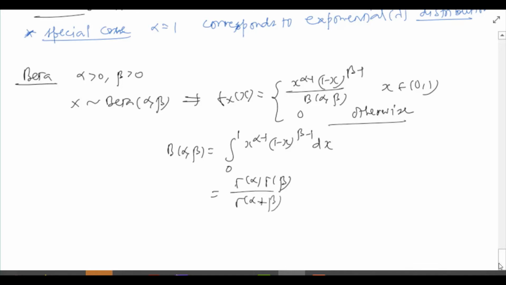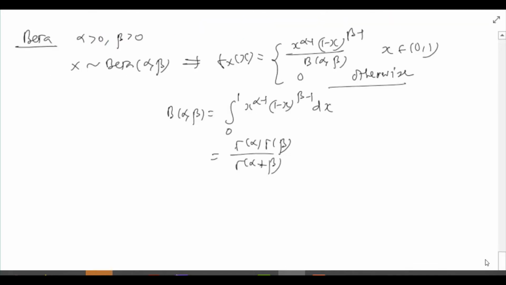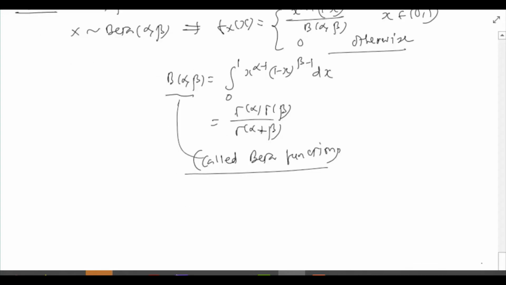Notice that here this gamma function is the same gamma function that we saw in the context of gamma distributions. This B itself is called beta function. In the context of beta distribution, both these parameters alpha and beta are called shape parameters.